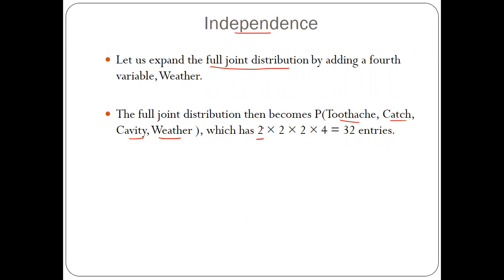Somebody may or may not have a toothache. Catch can take two values. Cavity can also take two values, true or false. And weather can take four values: sunny, windy, cloudy, and snow. So the total possible values will be 32 entries.